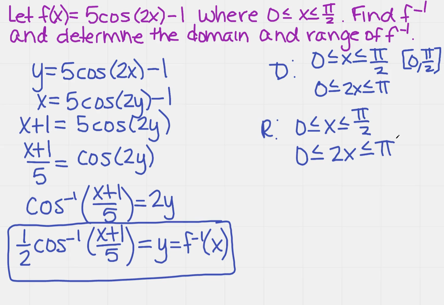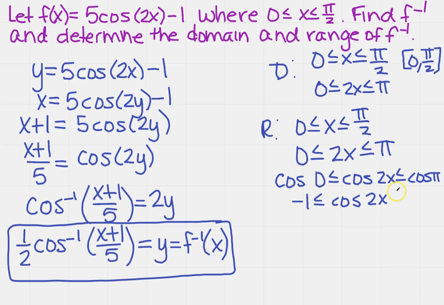So I would have the cosine of 0 is less than or equal to the cosine of 2x is less than or equal to the cosine of pi. Well, that's looking more like what I want, right? But I can actually evaluate the cosine of 0 and pi, so minus 1 is less than or equal to the cosine of 2x is less than or equal to 1.